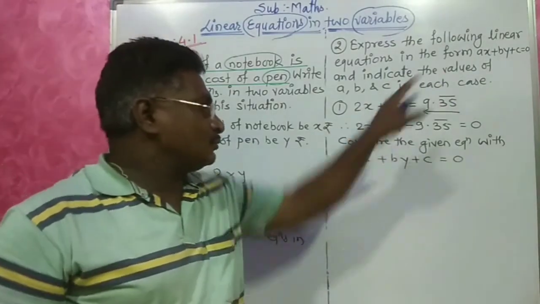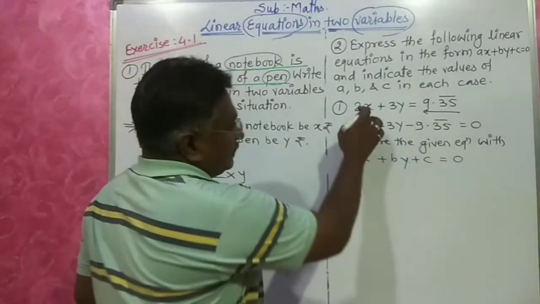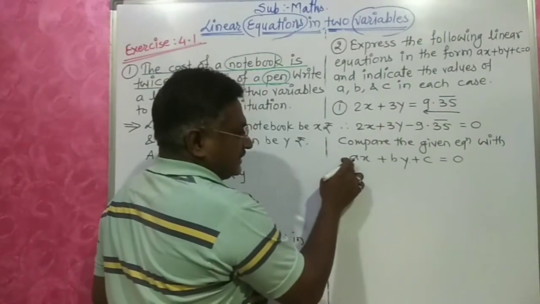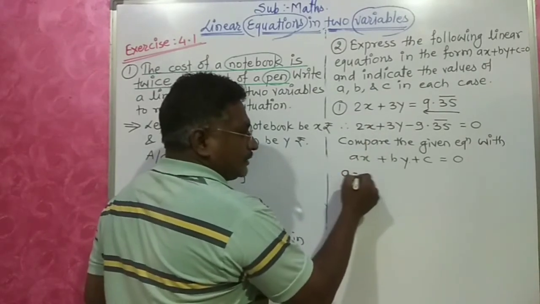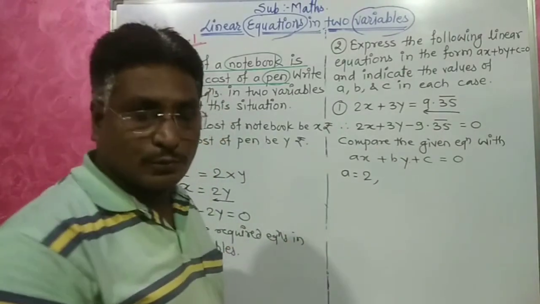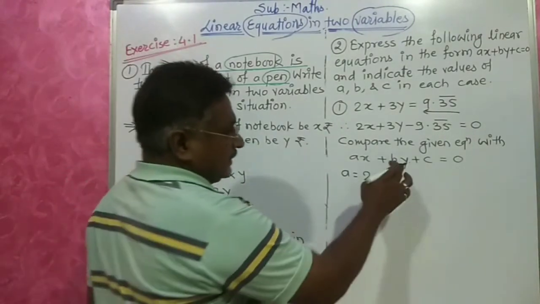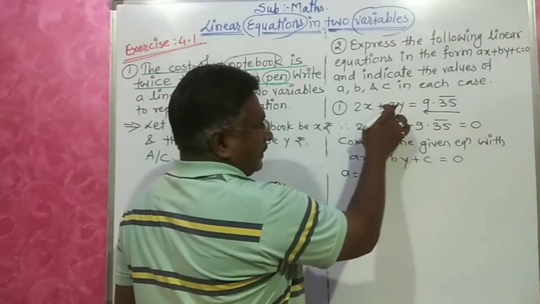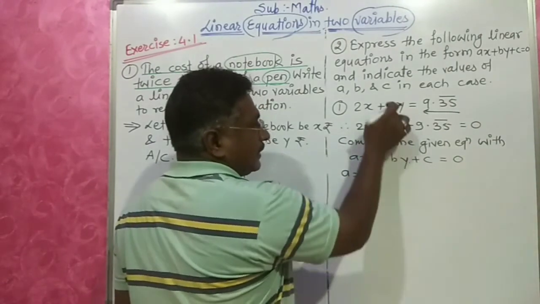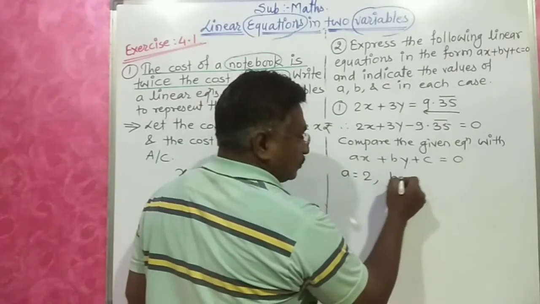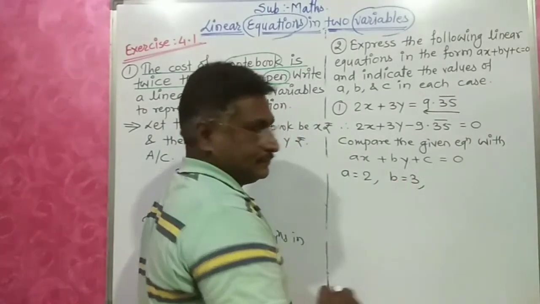With this we have to compare. So with x, 2 is there; with x, a is there. So what is the value of a? A equals 2. Understood, student? Then here y, here y. Here 3 is there, here b is there. So what is the value of b? 3. So b equals 3.